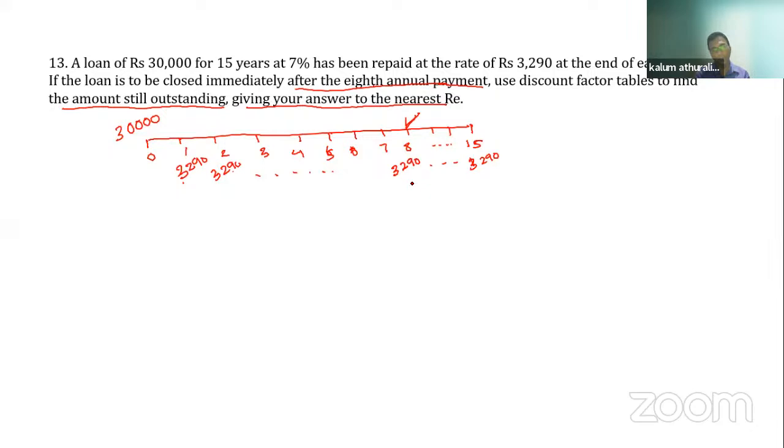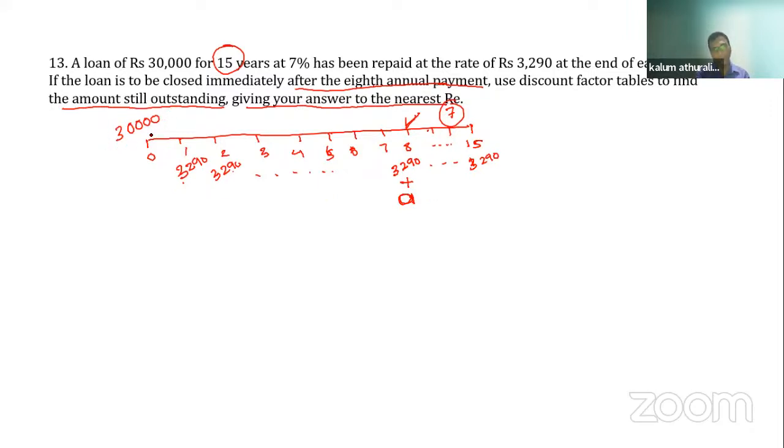Now he wants to finish this, but he would have to pay another 7 payments because he got a 15-year loan. But now he pays some amount and finishes that.